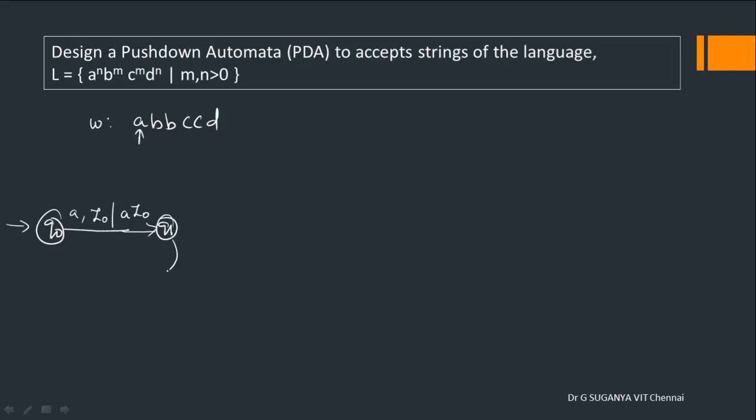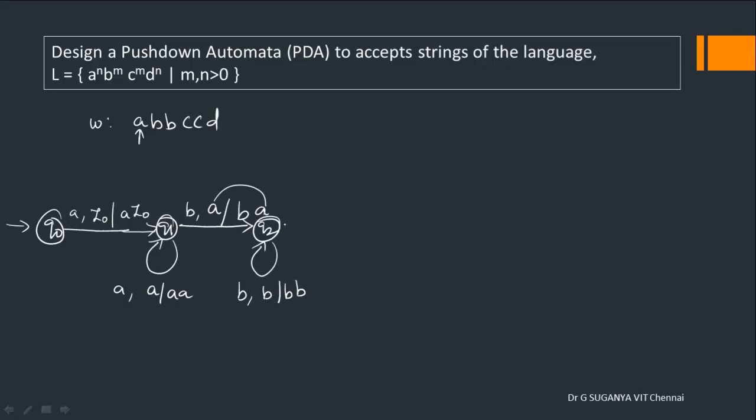Enter into state Q1 where you can push any number of A's. So what is on the top of the stack? A. Just you have to push. Similarly, you will also have B's on your input. When B comes on your input, what is expected on the top is A. Just leave A as it is, push B. So you'll have BA. Okay, so this you can do for any number of B's that come on your input.